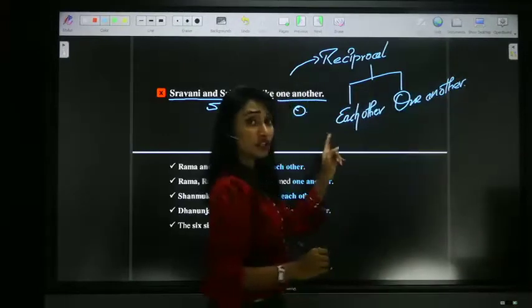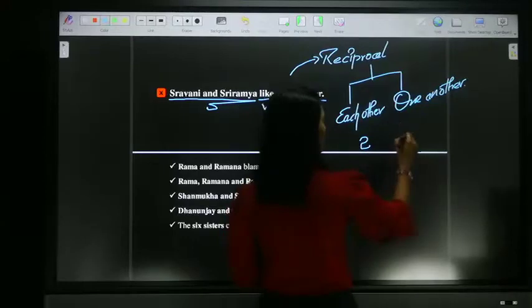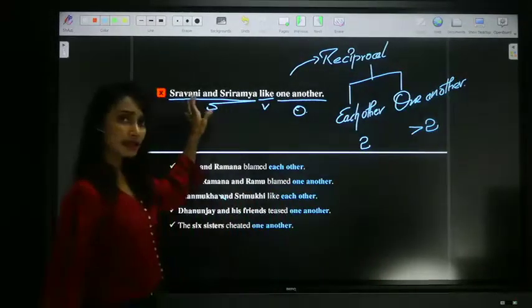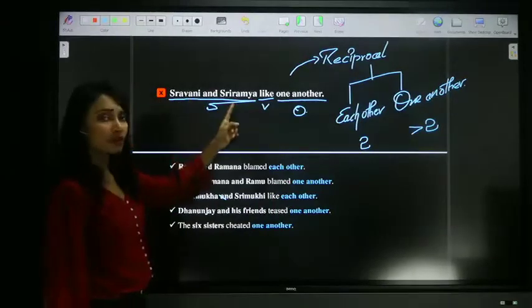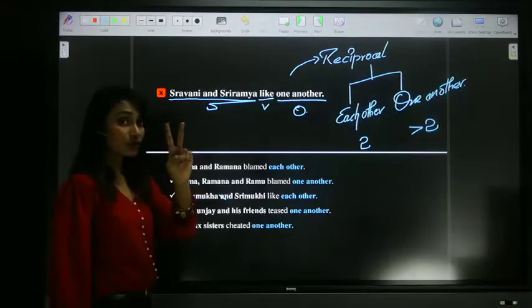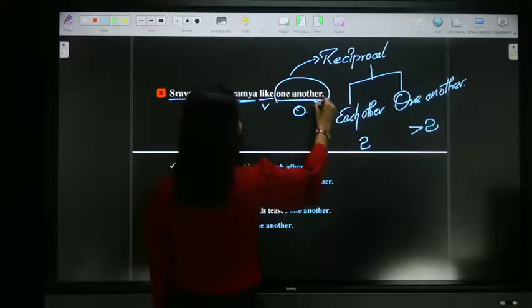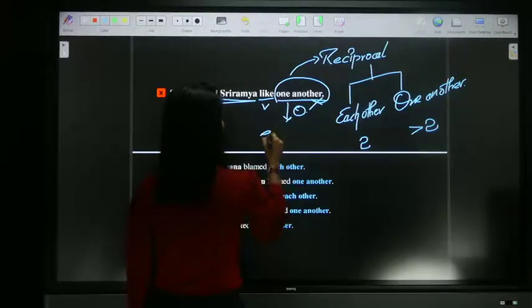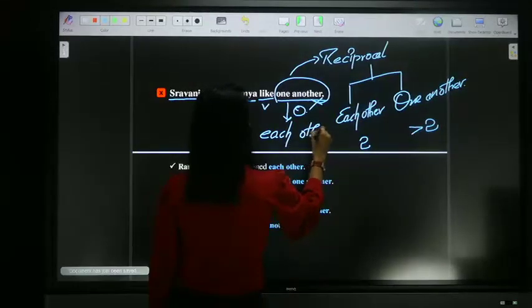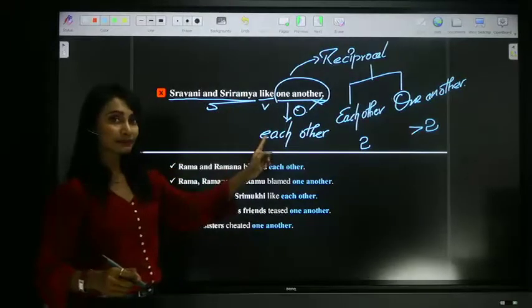Now, each other is used for how many? Only two. One another is used for more than two. Now, how many people are there in the subject? Shravani, Sriramya. Only two. When two people are there, what do we have to use? Each other. So replace this one another with each other. So the right sentence would be Shravani and Sriramya like each other.